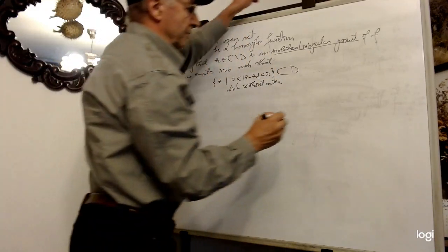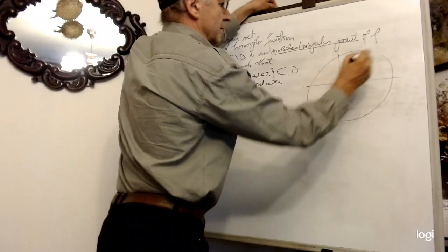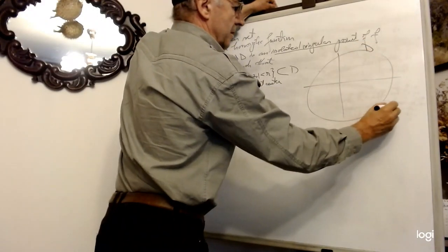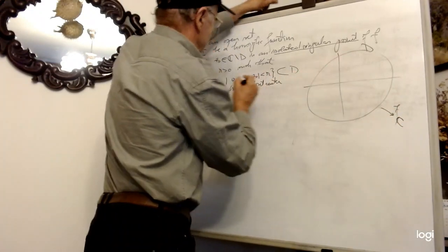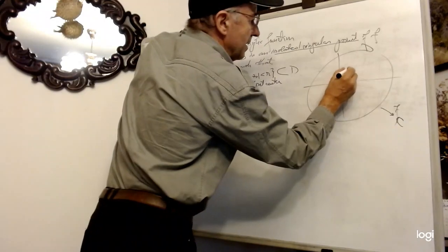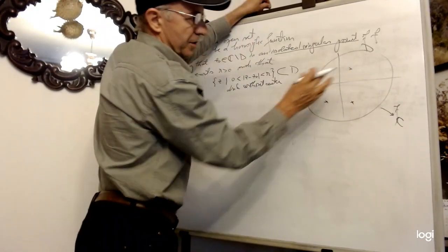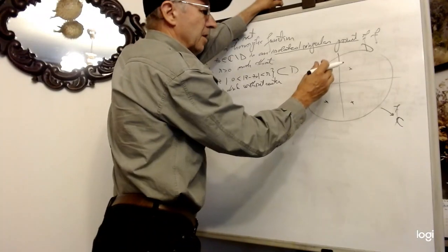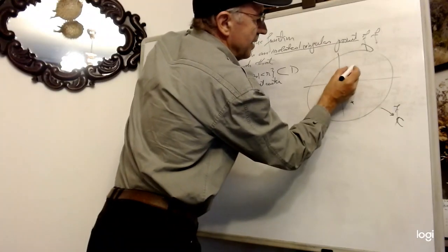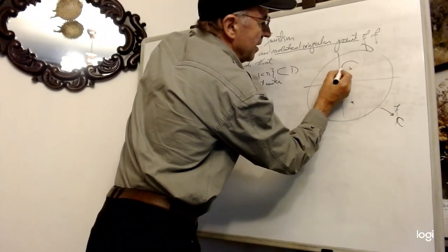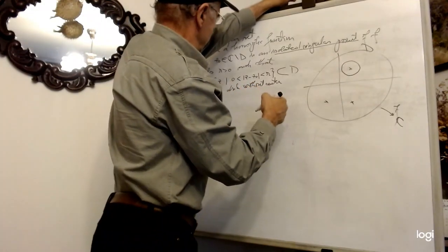Disk without center. Our function is defined on an open set D, a complex function, but here are some points which do not belong to D, and they are isolated singular points if we can find such a disk without center.